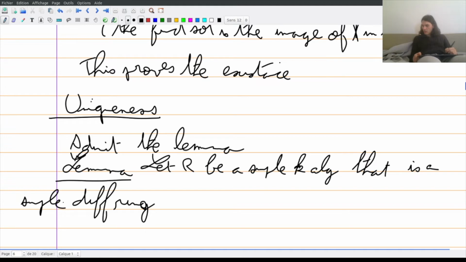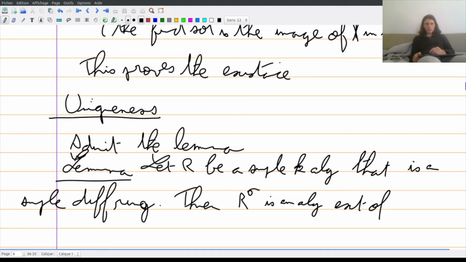So it's exactly the same assumption as the one required by the Picard extension. Then the field of constants of R is an algebraic extension of the field of constants of K.